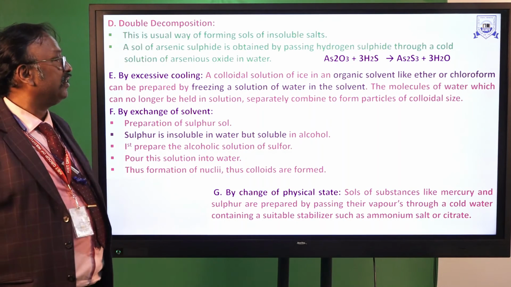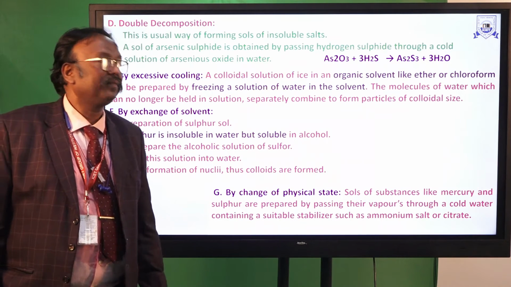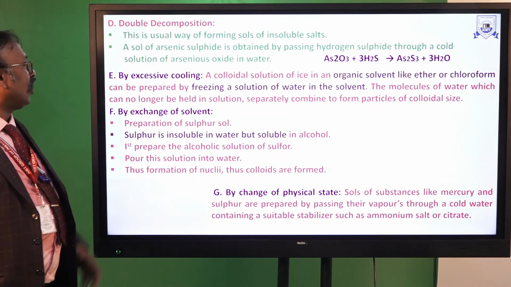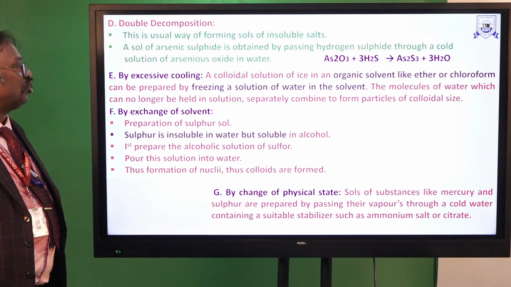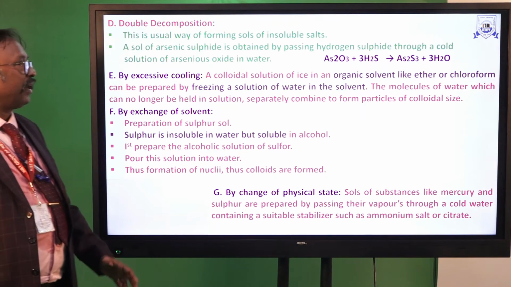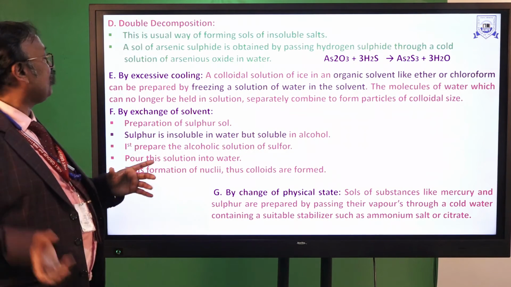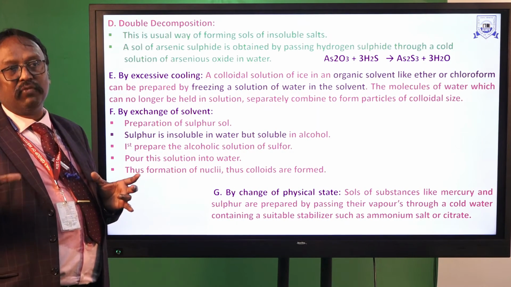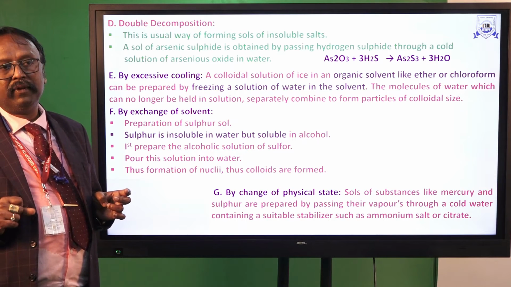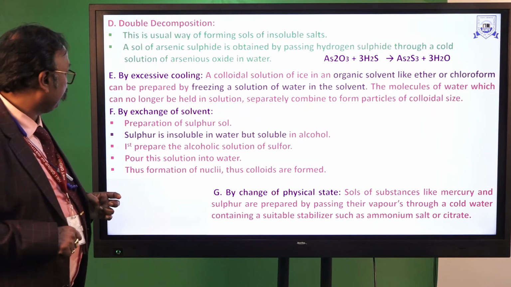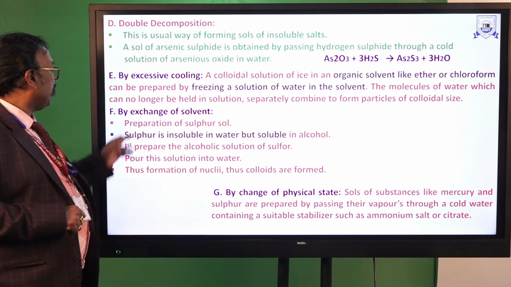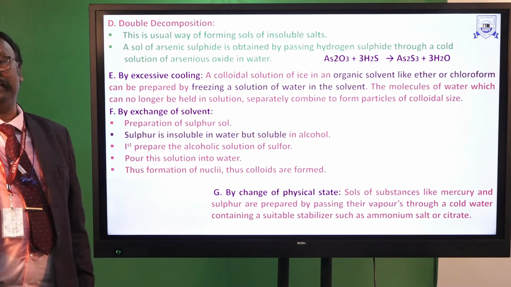The molecules of water which can no longer be held in solution then combine separately into particles of colloidal size range. If excessive cooling is applied, we definitely get a colloidal dispersion.